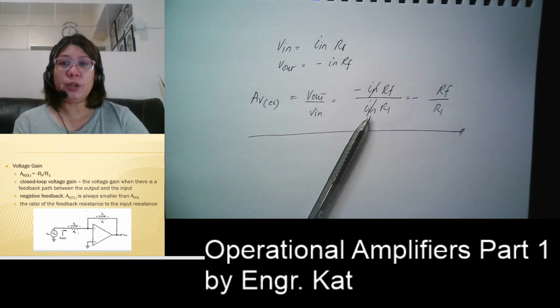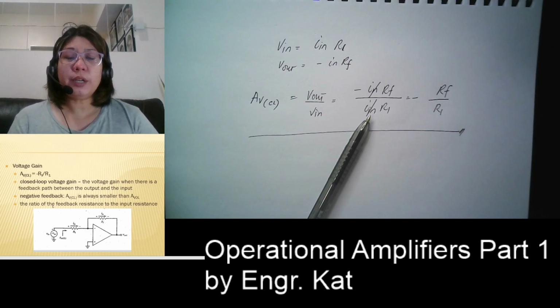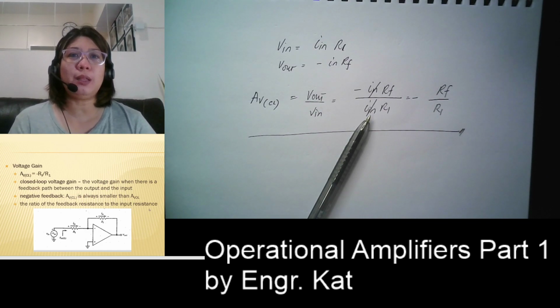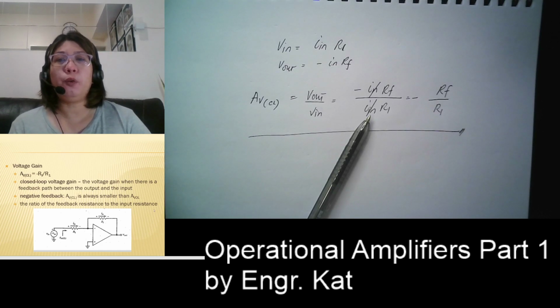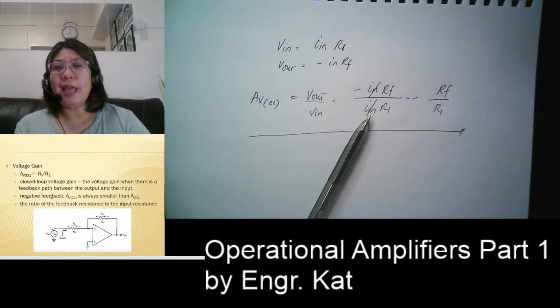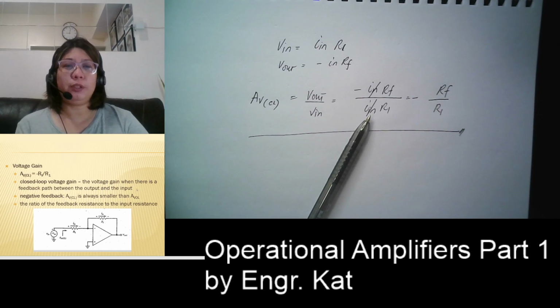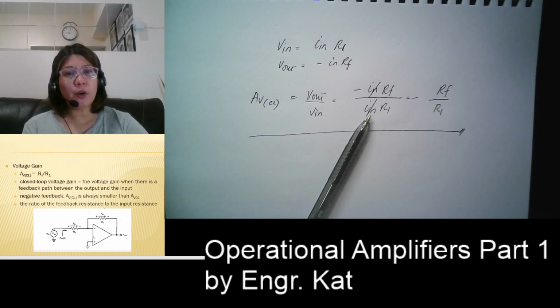So it says here that the ratio of the feedback resistance to the input resistance will tell you how much your voltage gain is. And automatically, we have lessened your open loop voltage gain, because if this is a 741, its open loop voltage gain is somewhere near 100,000.